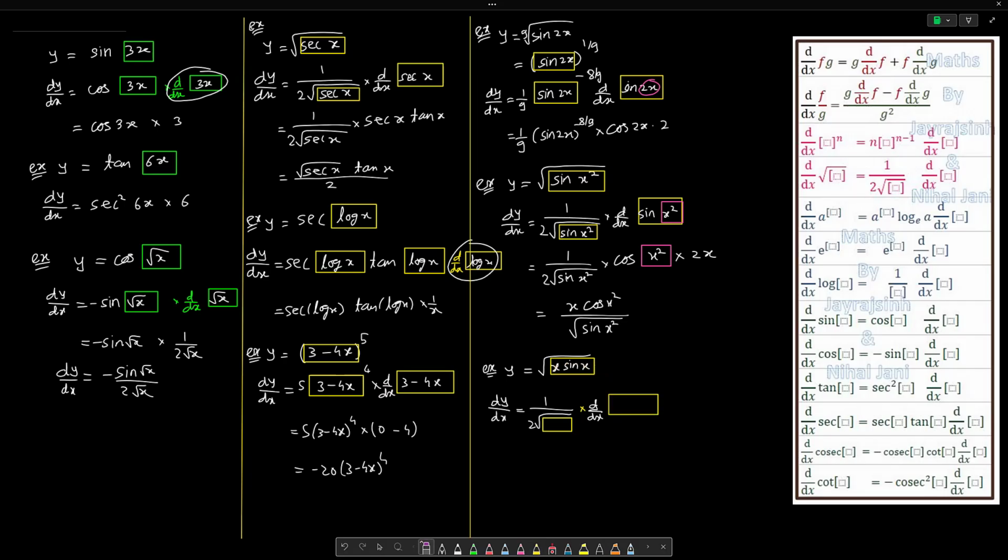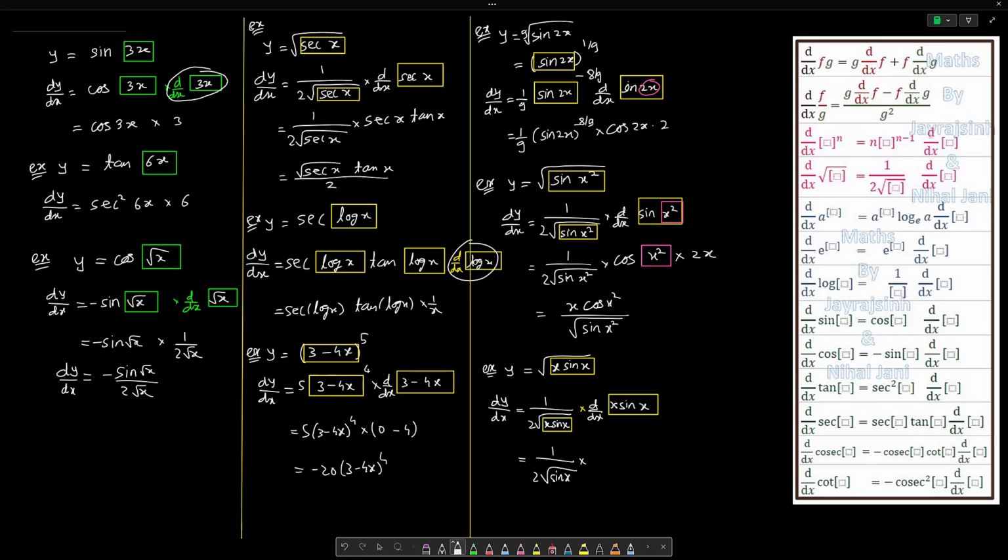Okay, what do we have within the box? x sin x. So this time 1 upon 2 root x sin x will be as it is. We have to differentiate x sin x.